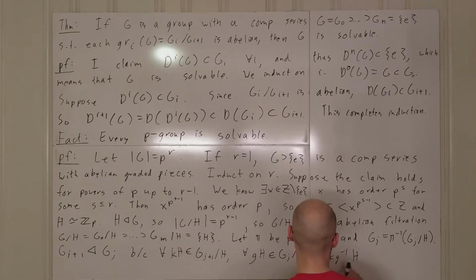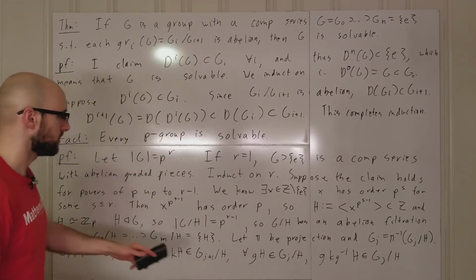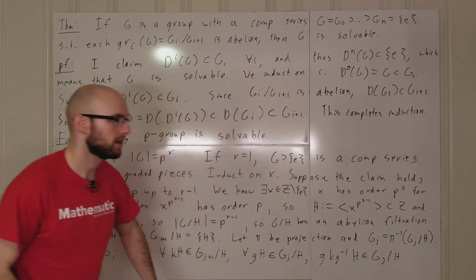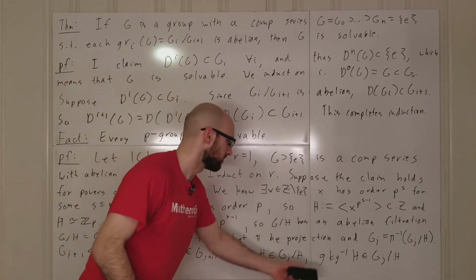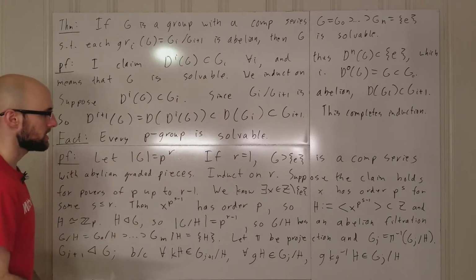So GKG inverse H is in Gj mod H, and that's because this is what happens when you multiply GH times KH times GH inverse, because that's how multiplication works in G mod H. And so then you get this.